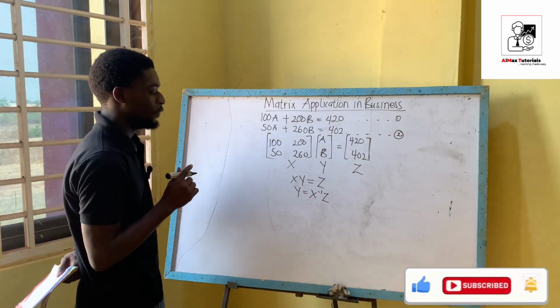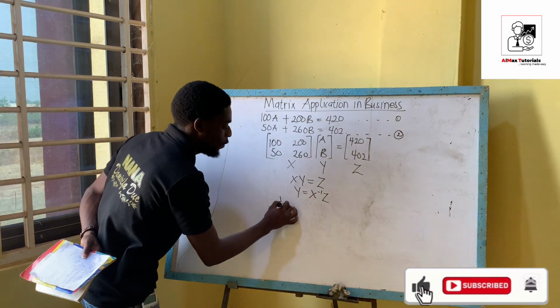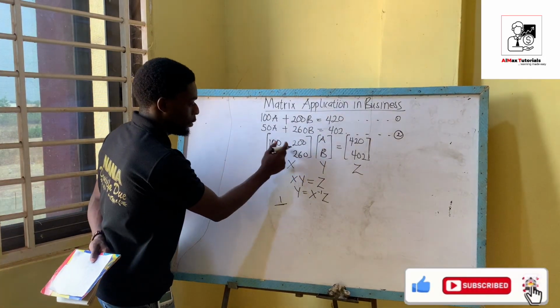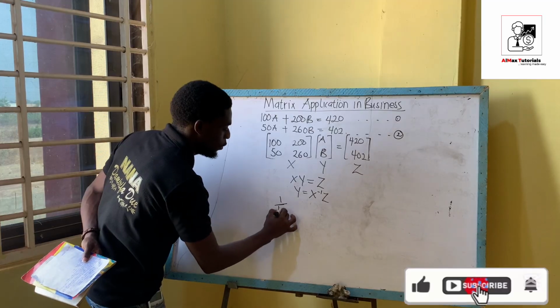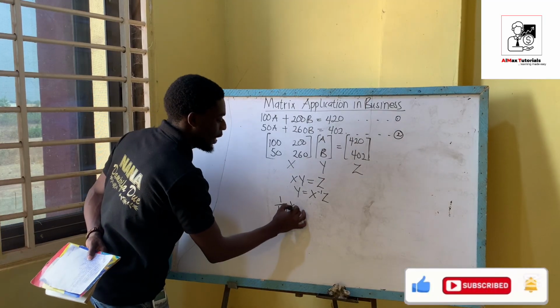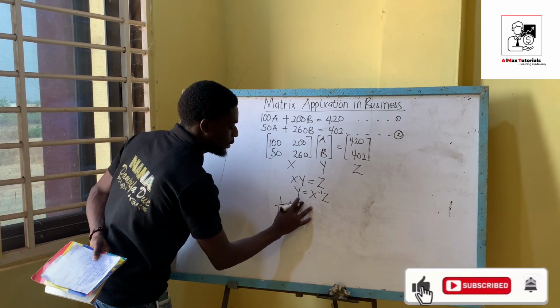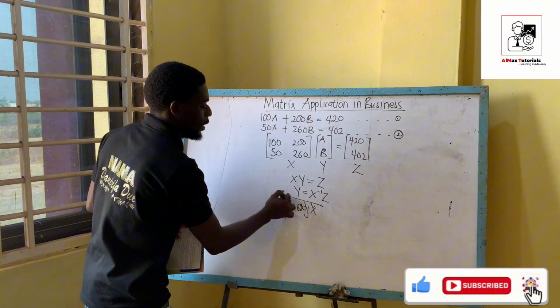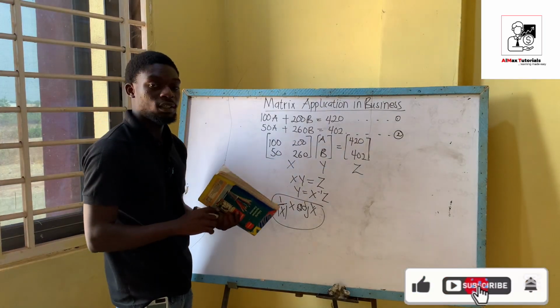The inverse formula is given by 1 over the determinant of the matrix we are interested in. That's this whole matrix. So we are going to have 1 over determinant of x, times the adjoint of x. So this is the formula for finding the inverse of a matrix.